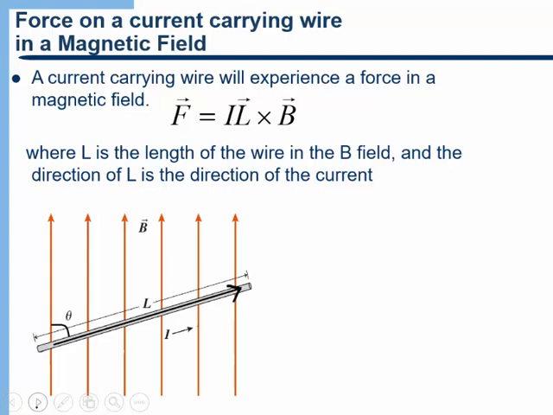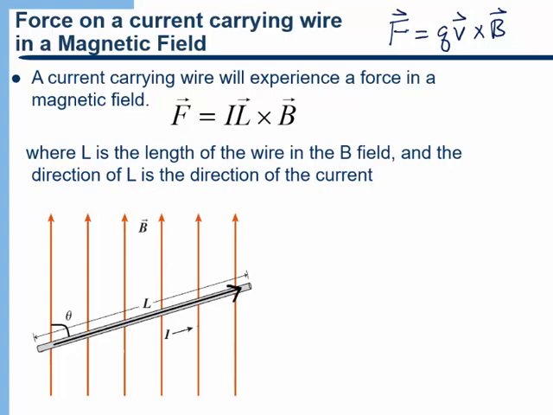Okay, let's look at another important rule that we need to understand, and that is the force on a current-carrying wire in a magnetic field. Now, this actually just comes from the fact that if individual charges experience a force qv cross B, then obviously if I have a wire that has a current in it, well, a current is just moving charges.